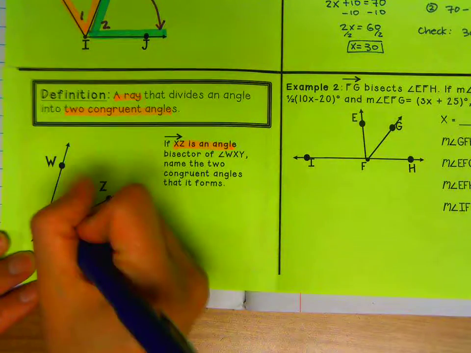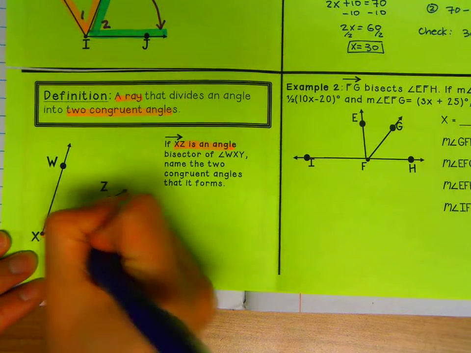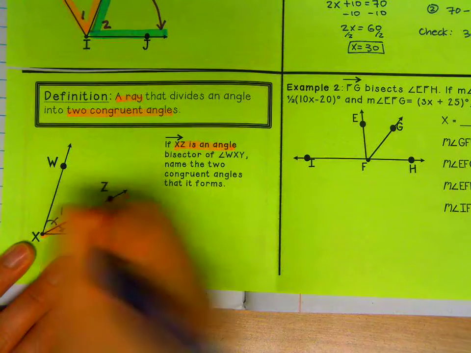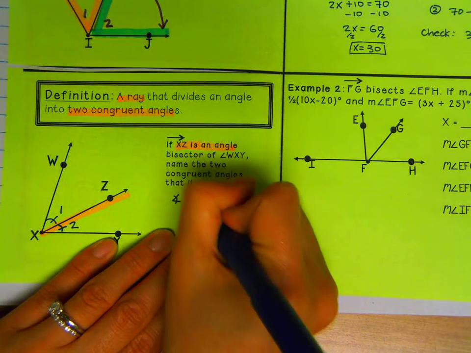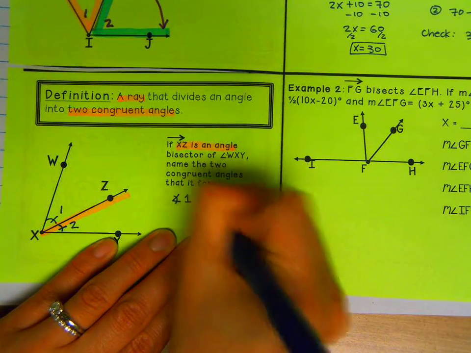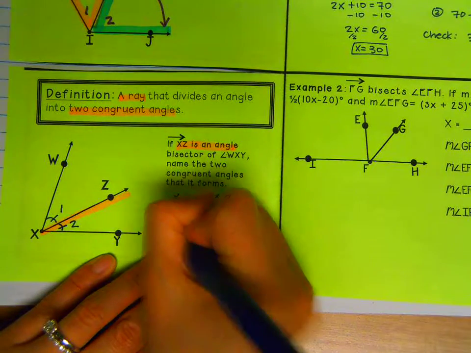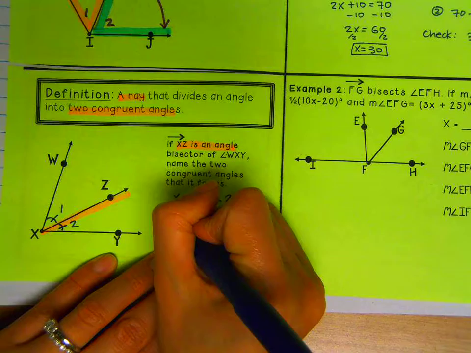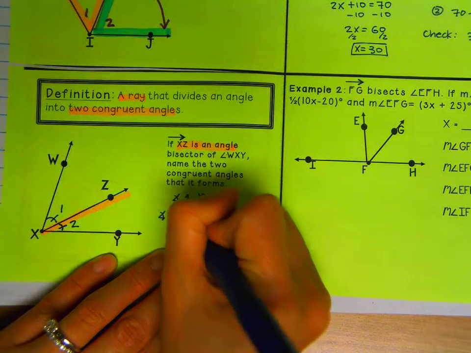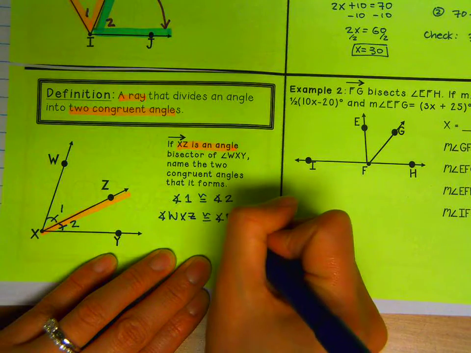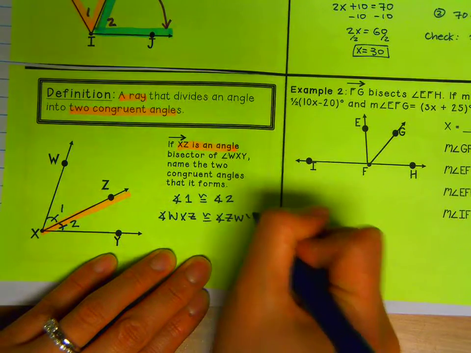So we know the ray divides the angle into two equal angle measures. Label them as angle 1 and angle 2. Angle 1 is congruent to angle 2. Or we can use three letters to name the angles: angle WXZ is congruent to angle ZXY.